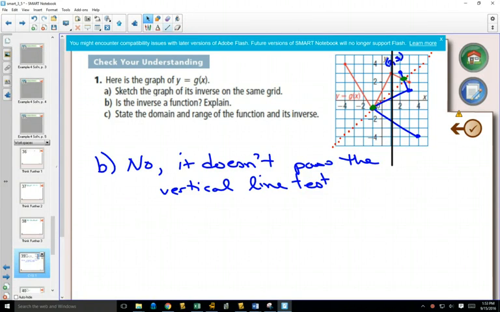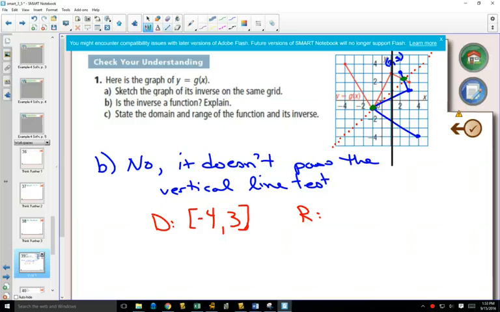Again, state the domain and range of each. So here our domain and range are x values for our red graph. Our smallest x value is -4. Our biggest x value is 3. Square brackets because those points are included.